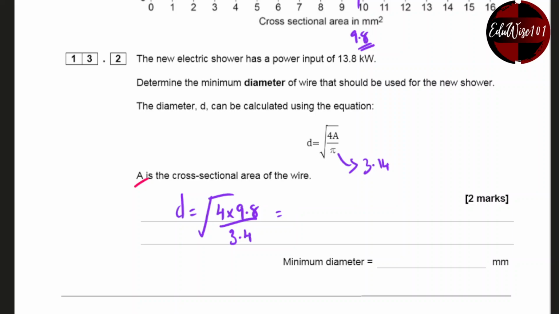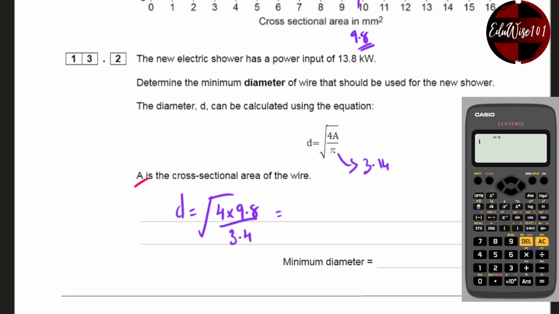I'm going to do this step by step. 4 times 9.8 gives me 39.2. Divide that by pi, 3.14. That gives me 12.48.